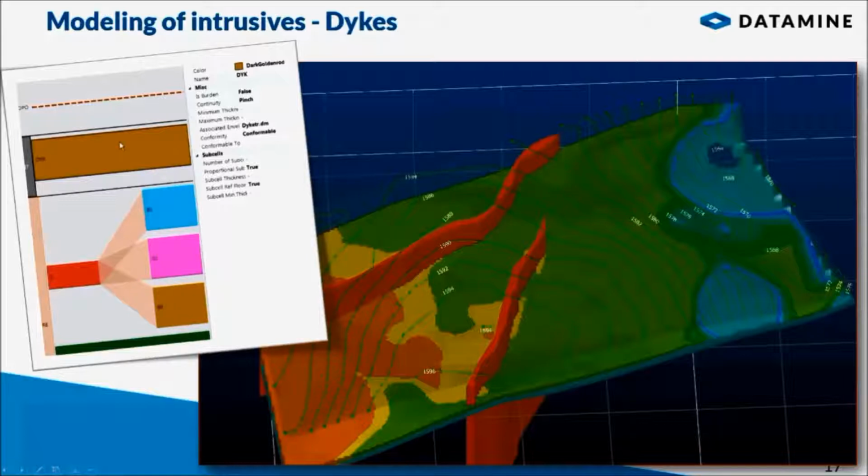In the picture on the right, you can see what it looks like if we model two dikes. The dikes are the ones in red. So there's actually a lot of things that you can do with this functionality. You can model mined out areas, and any complex volume can now be included in your stratigraphic model.